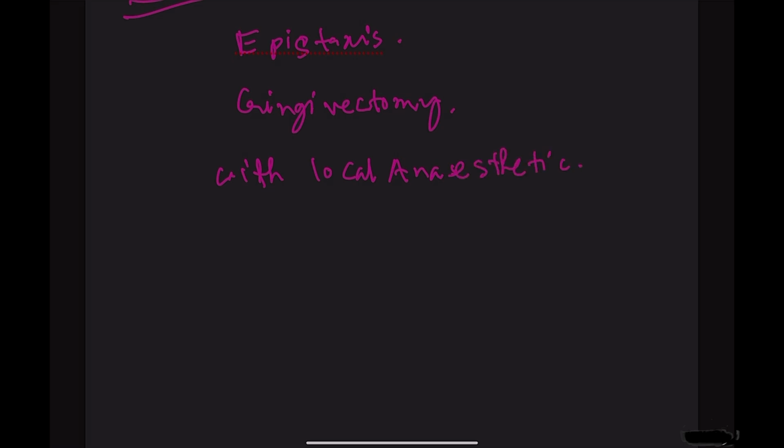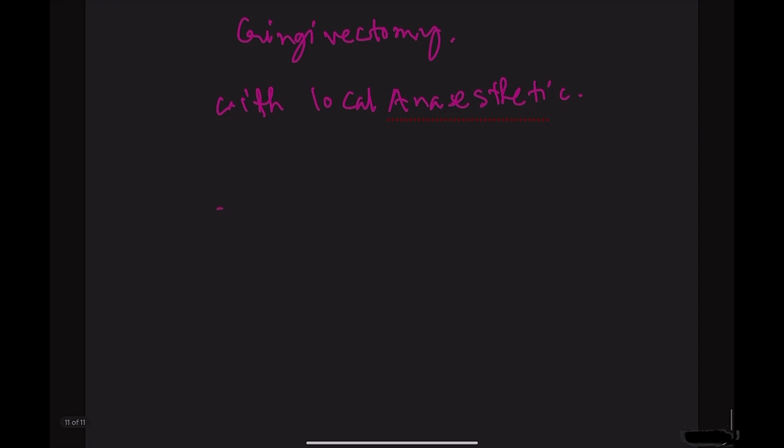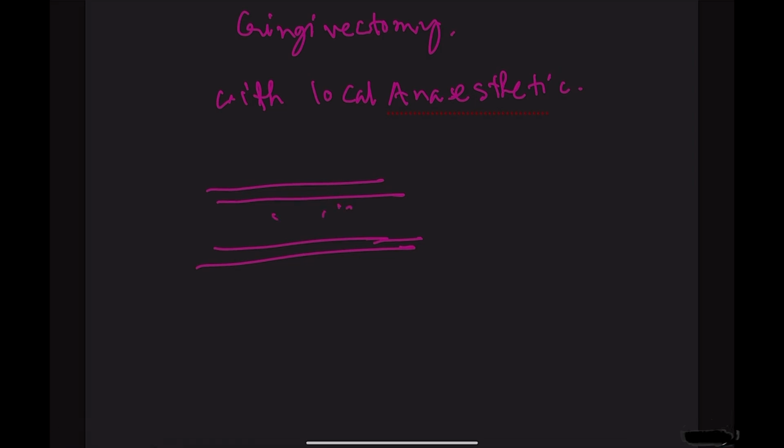So why do we use it with local anesthetic? When adrenaline is used with local anesthetic, it constricts the local blood vessels, so it decreases the absorption of local anesthetic into the systemic circulation.